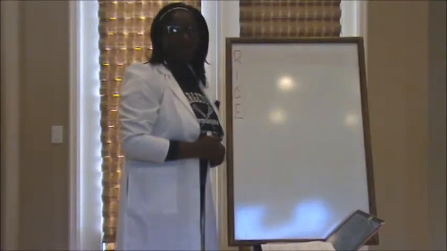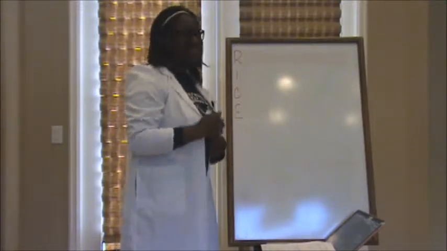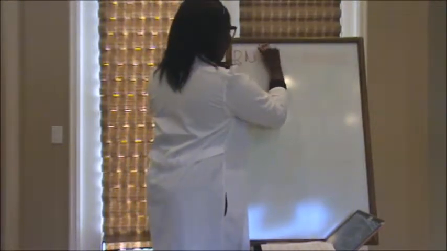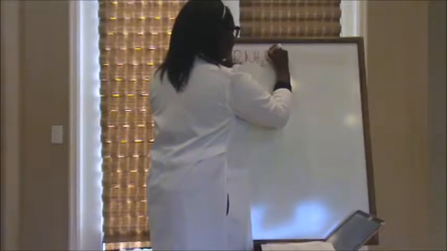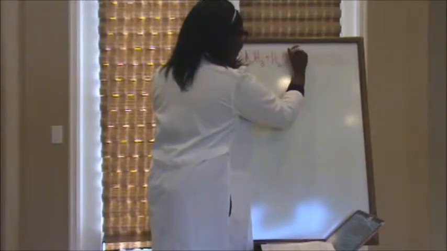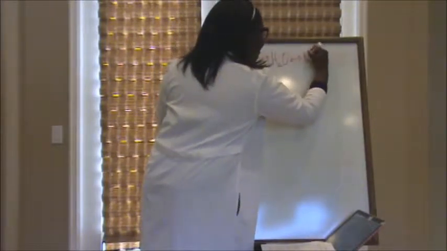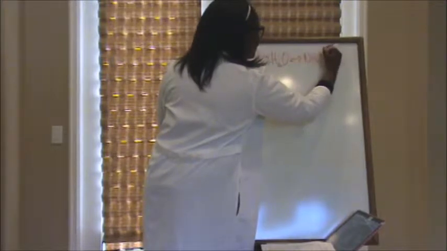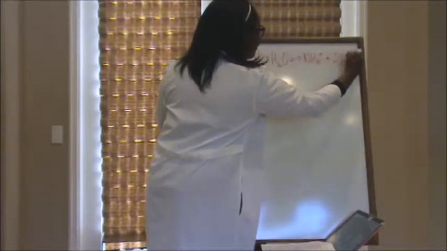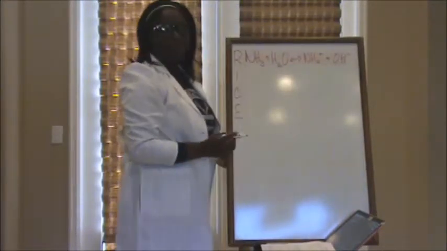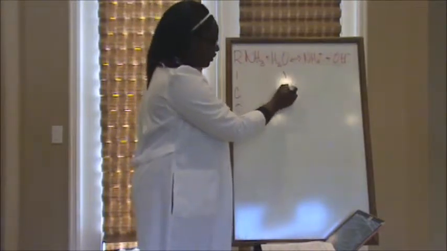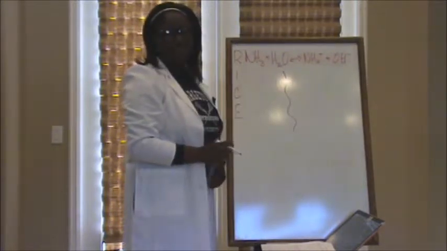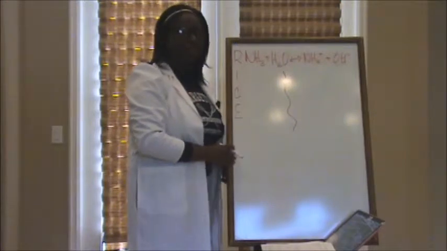For this problem, we're going to be using a specific reaction, which is ammonia plus water yields ammonium plus hydroxide. We won't be putting any values for water because it's a pure substance and it won't be in the equilibrium expression.